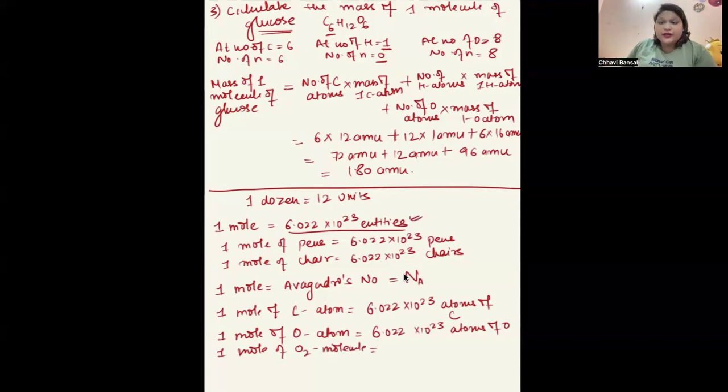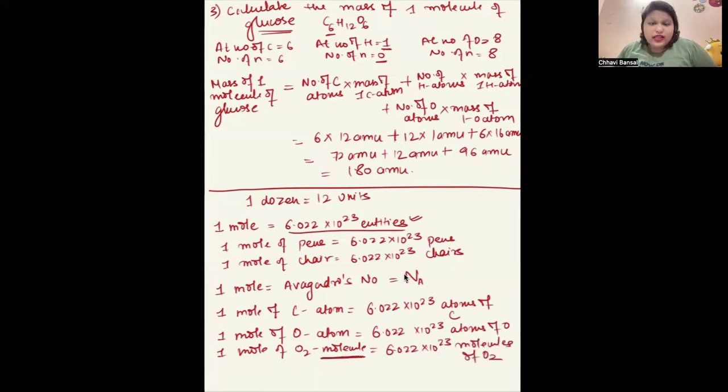If I'm writing atom, then it is 1 mole of atoms, meaning Avogadro's number of atoms. If I'm writing 1 mole of a molecule, it is Avogadro's number, that is 6.022 into 10 raised to 23 molecules of O2. Whatever thing is there on the left side, same thing will be there on the right side. If I'm talking about number of moles of a molecule, I'm talking about Avogadro's number of that molecule, not the atom.